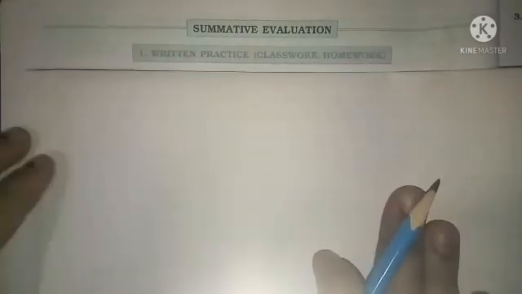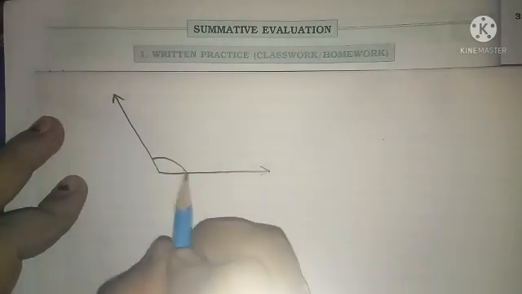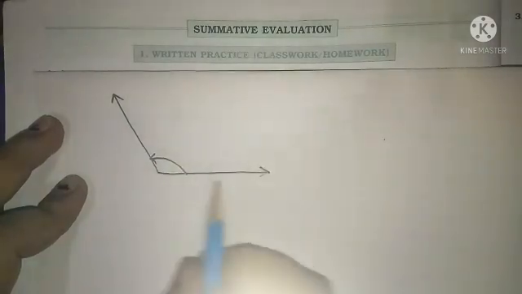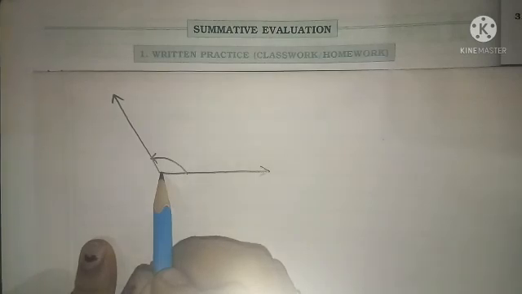So students, let's come to the next angle. Let me draw the figure for y'all. By looking at the figure, can you tell me, is the measure of this angle more than 90 degree or less than 90 degree? It is more than 90 degree.